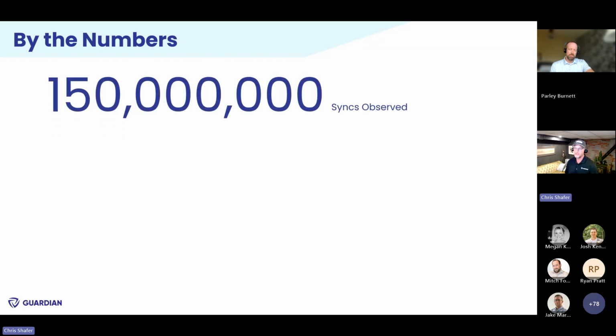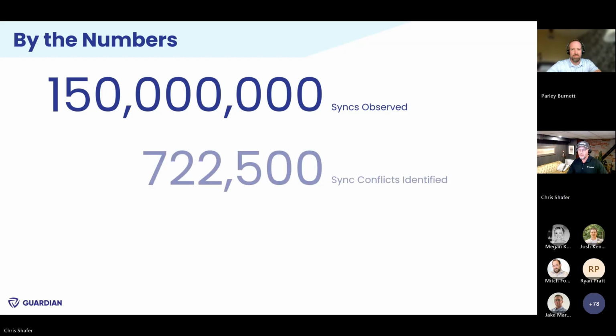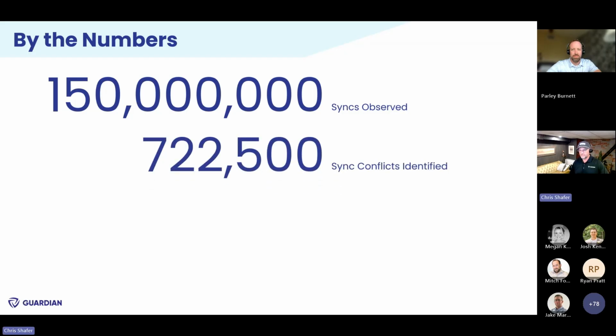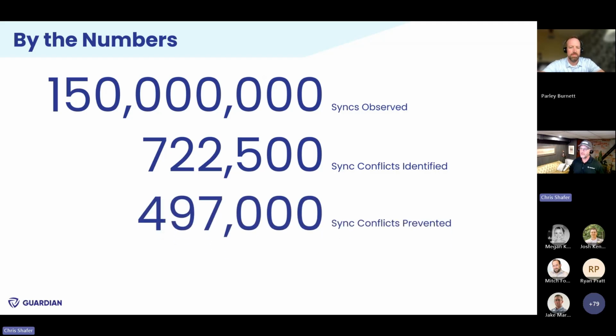So since then, we've observed over 150 million syncs just through our existing clients. Over especially the last year and a half since spring of 2024, we've been able to identify over 700 sync conflicts. Now, of those 722,000 sync conflicts, almost 500,000 sync conflicts were prevented.